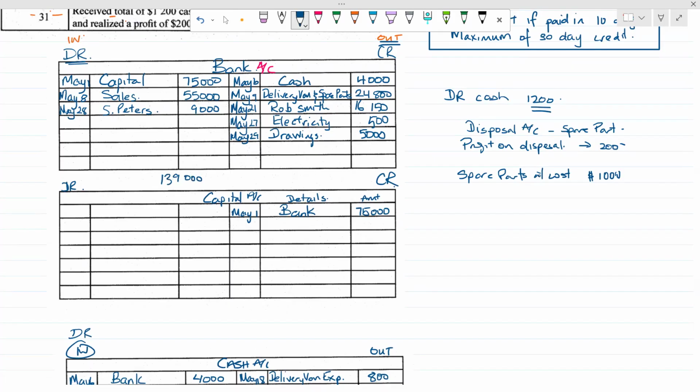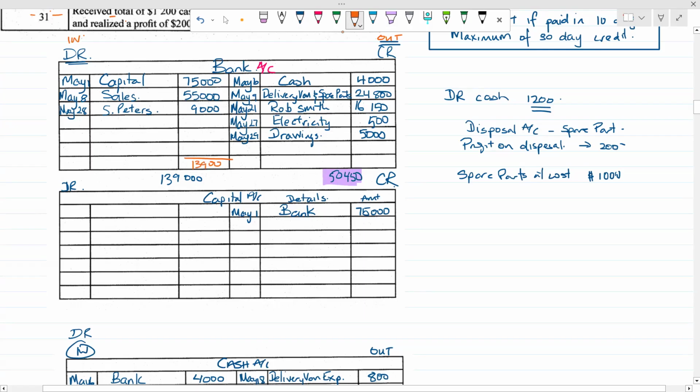And then I add up the opposite side as well. 4,000 plus 24,800 plus 16,150 plus 500 plus 5,000. This works out to be 50,450.